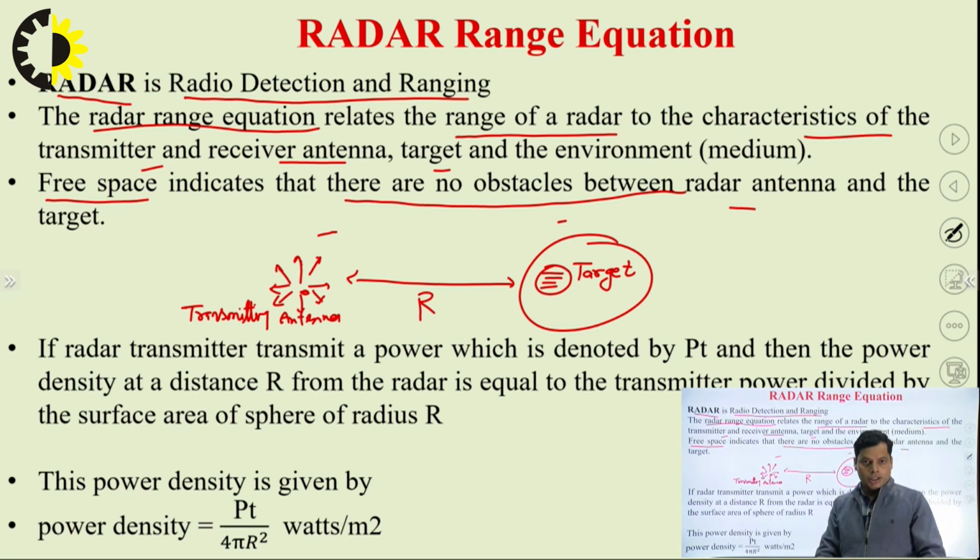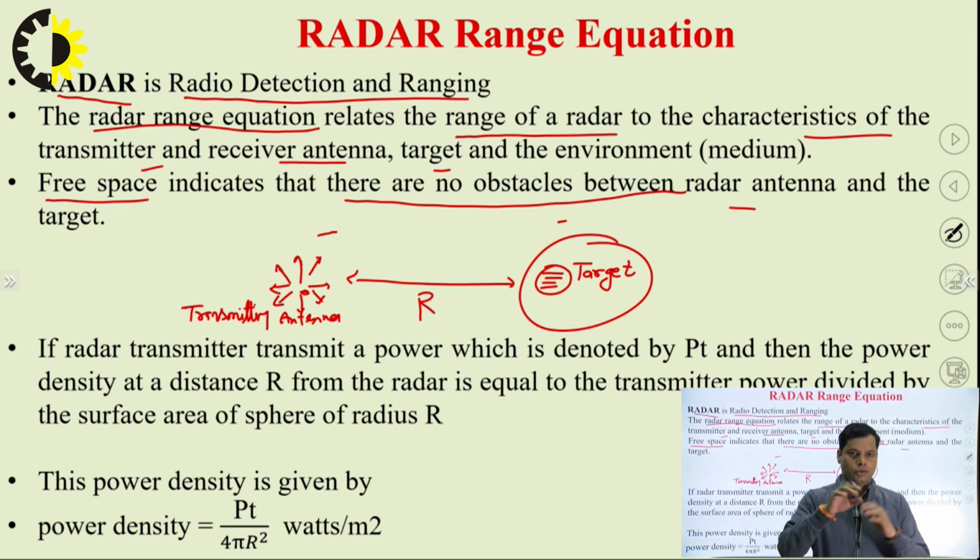We are using EM waves transmitted from the transmitting antenna. This EM wave has characteristics such as conductivity, permeability and permittivity; all these factors are contained in the EM wave.